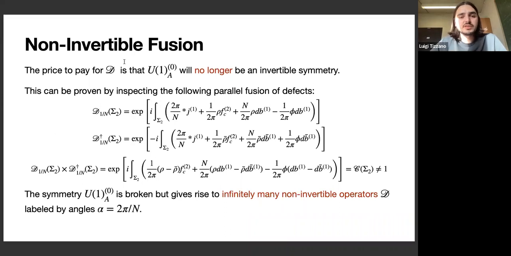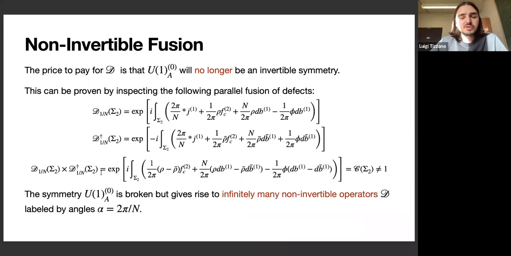If I consider the operator D that I defined for this symmetry U1A, and I consider the dagger operator for this symmetry, I can take their product and manifestly show that the product of D and its dagger will not give you 1, but will give you another non-trivial defect operator that is called C. You just have to take the product of these two defects and you will find generically that this is a non-trivial operator called C, and it is confined on sigma 2.